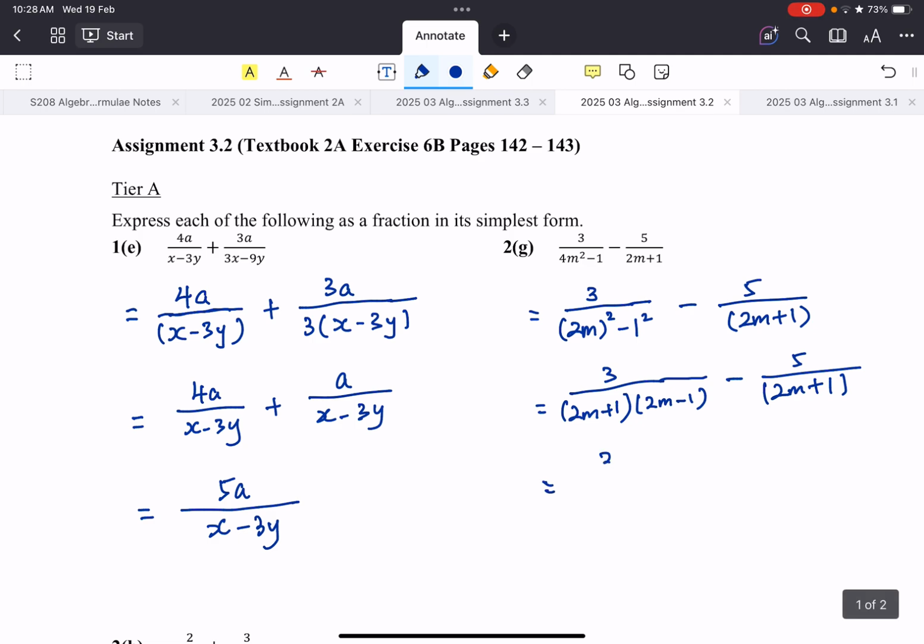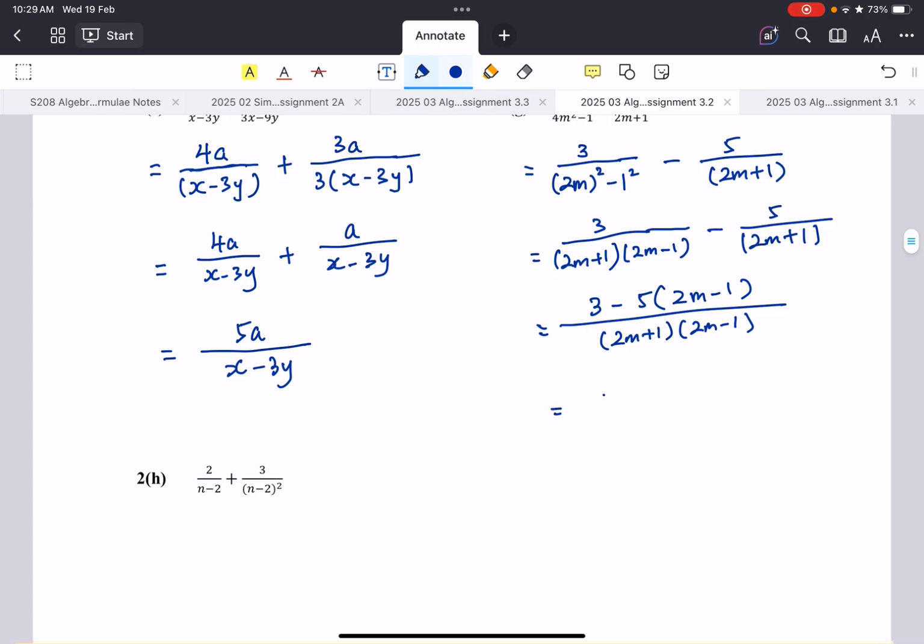So it will be 3 minus 5 multiplied by (2m minus 1). The common denominator now will be (2m plus 1)(2m minus 1). Expand it properly, we have 3 minus 10m plus 5 over the denominator, which I can write back in this format. So we end up with 8 minus 10m over 4m squared minus 1.